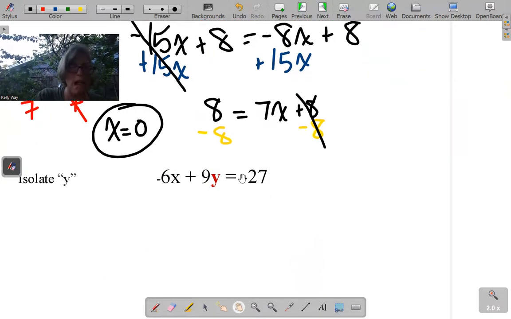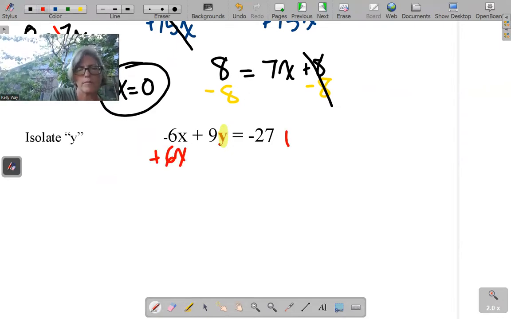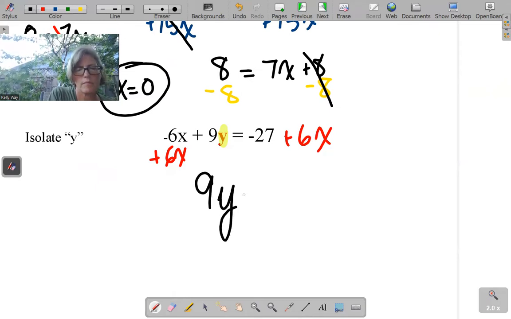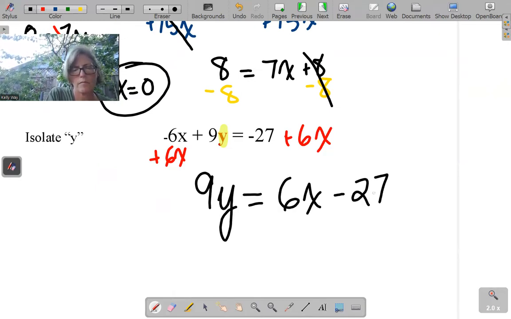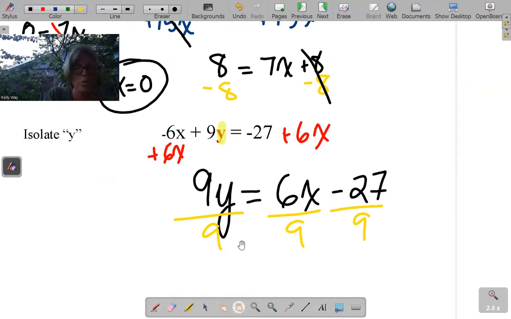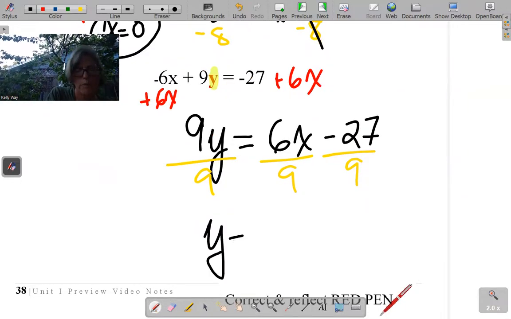Down here, isolating Y. Gossip to everyone, not announcing to the whole room.